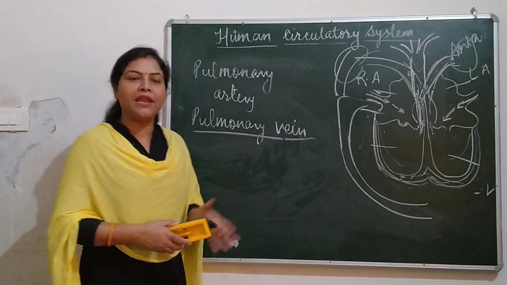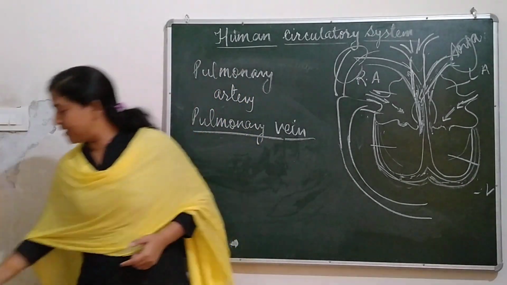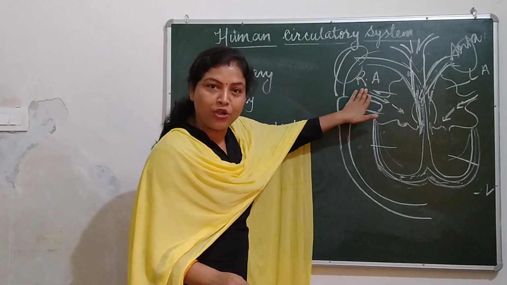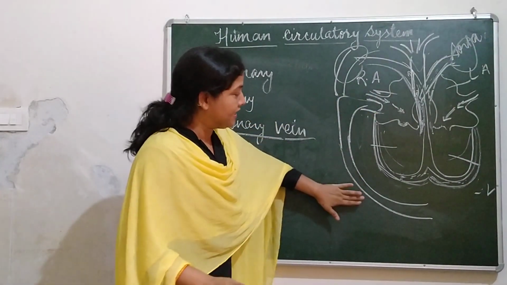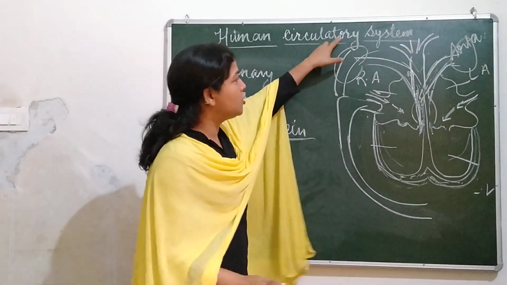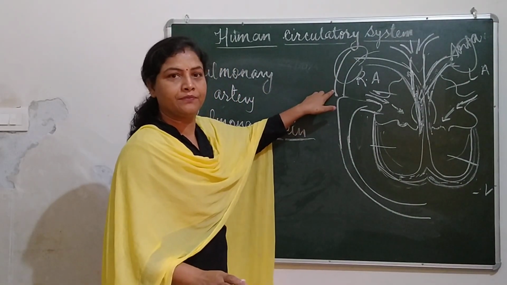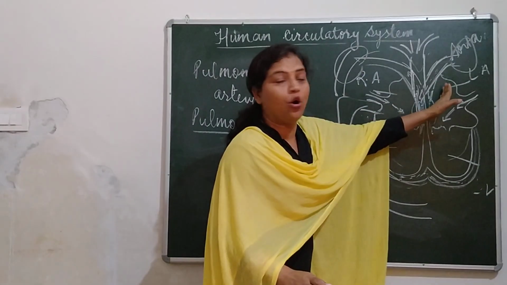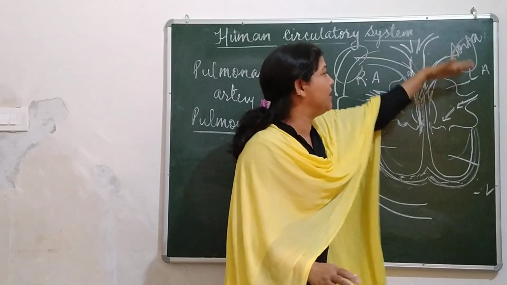So let me explain it once again, then you will understand it well. I told you that the right part of the auricle collects blood from the vena cavas, the inferior vena cava and the superior vena cava. At the same time, the left part of the auricle is collecting blood from the lungs.